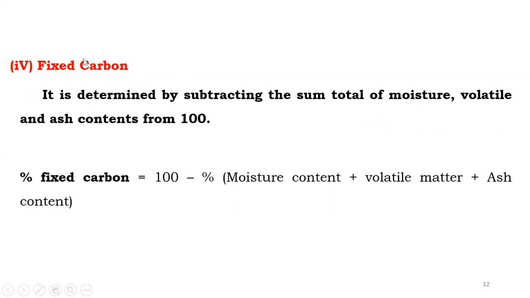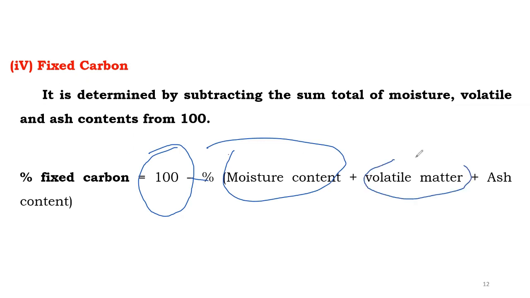Then we come to fixed carbon. So what is fixed carbon? It is determined by subtracting the sum of the moisture content, volatile matter and ash content from 100. If we consider the coal sample as 100%, and subtract the moisture content, the volatile content and the ash content, the remaining will be your fixed carbon.